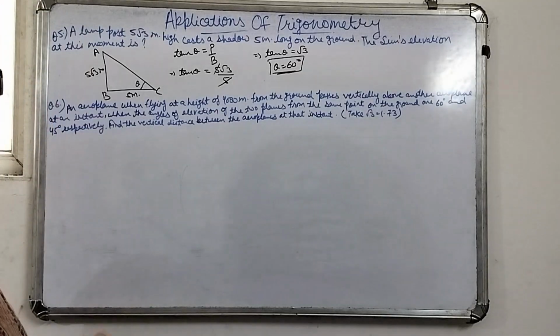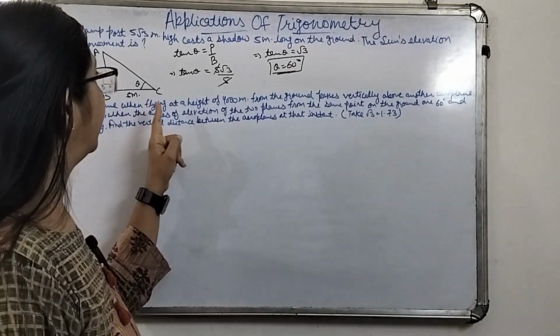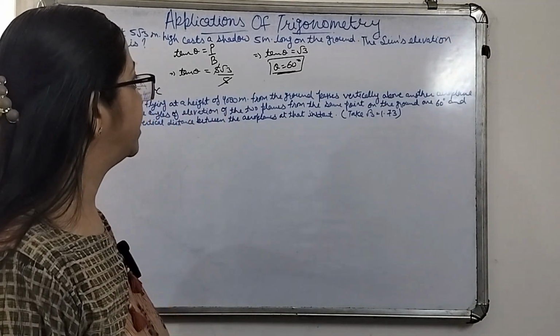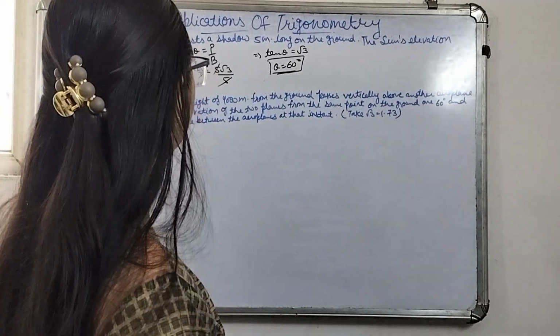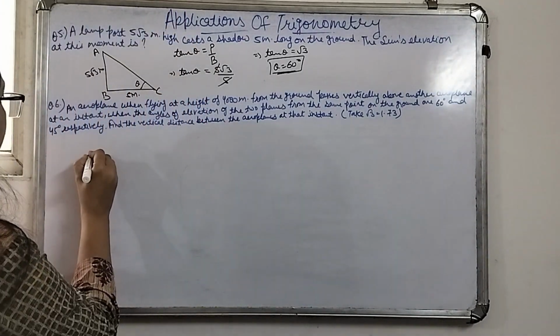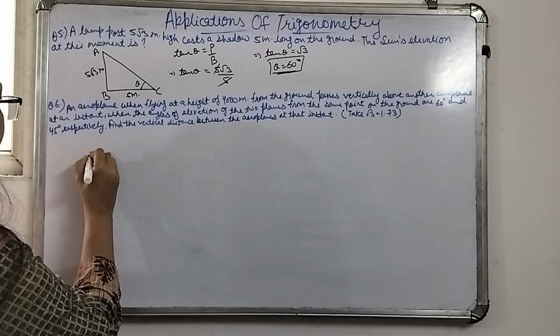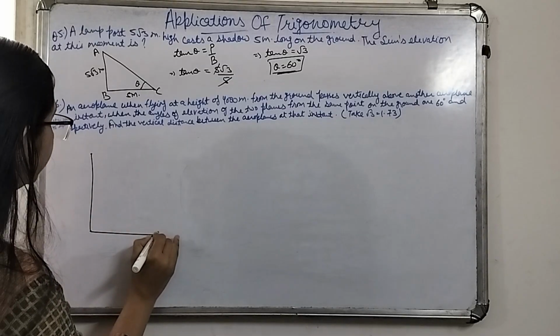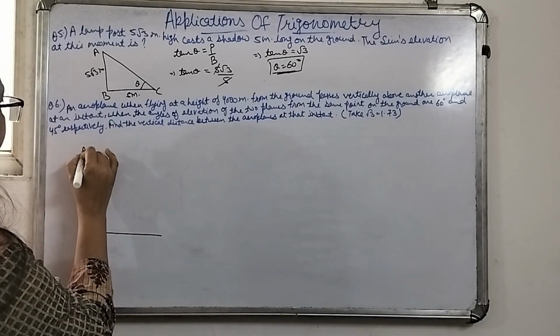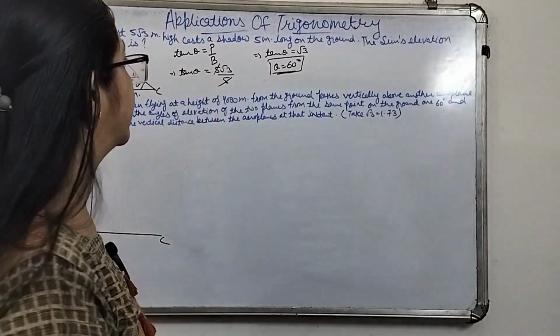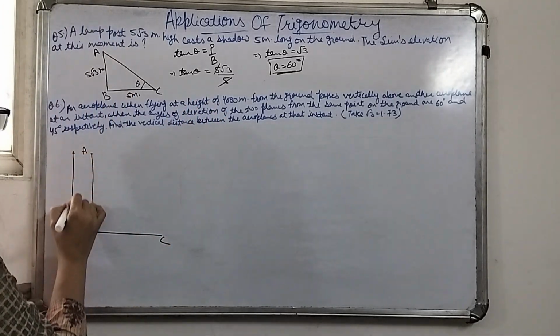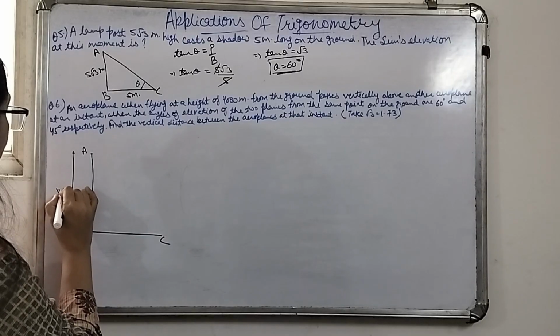Now the next question. An aeroplane flying at a height of 4000 meter from the ground passes vertically above another aeroplane. Suppose this is the height of the aeroplane. This is the point where your aeroplane is. This is A, this is B, and this is C. And it is at a height of 4000 meter.